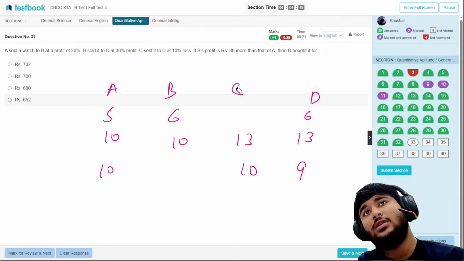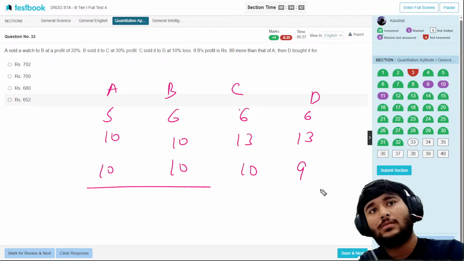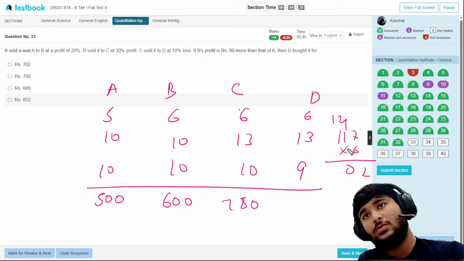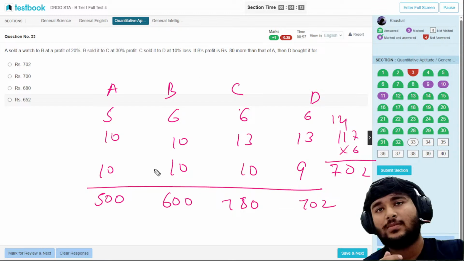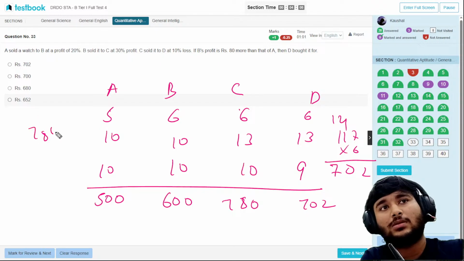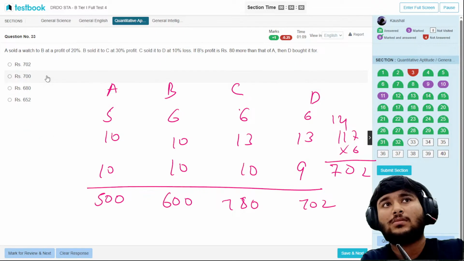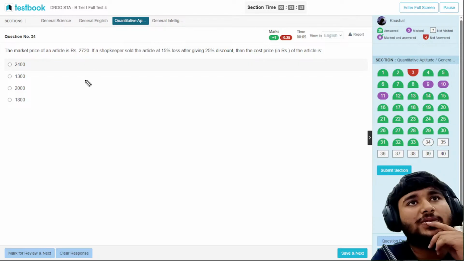If B's profit is 80 more than A and D, if B's profit is, and D bought it for, B's profit is. The market price of an article is इतना sure.